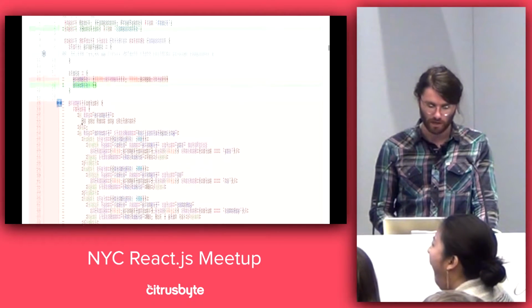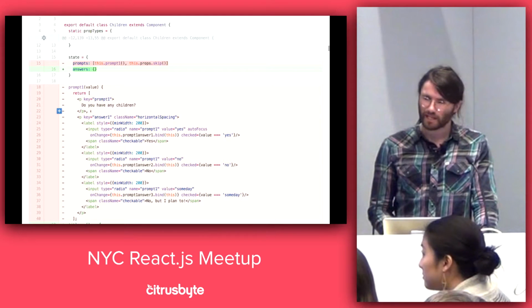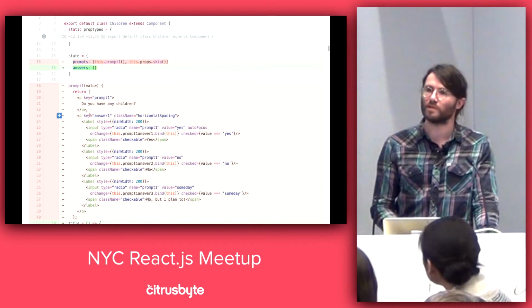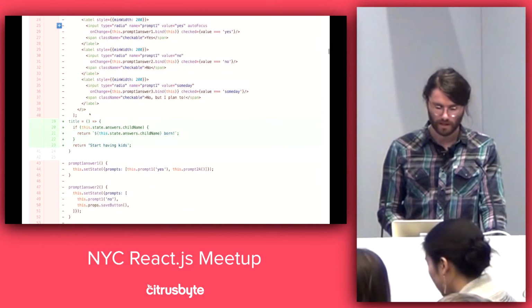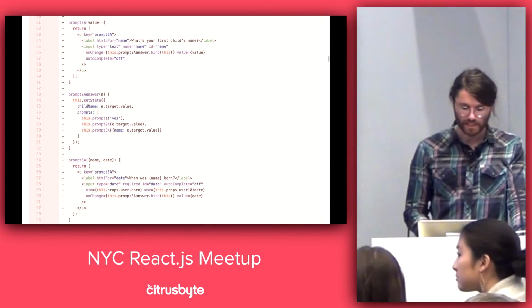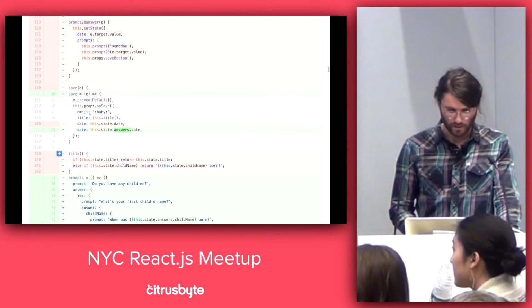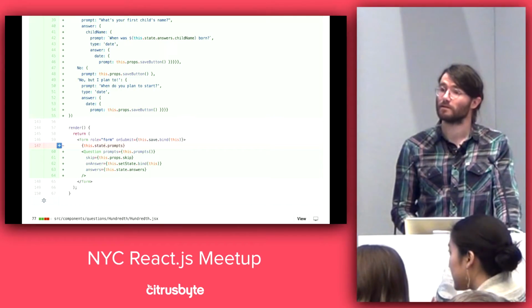This is how I defined prompt 1, and it was returning this array. So it started to have some of the characteristics where I was like, oh, this is how I can pull this apart. This is how I can abstract all of this into its own component. And then what it was doing at the bottom is it was rendering this.state.prompts.